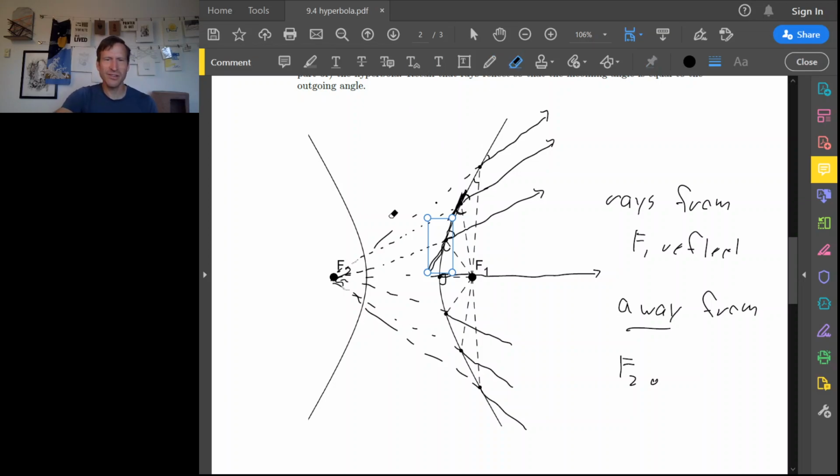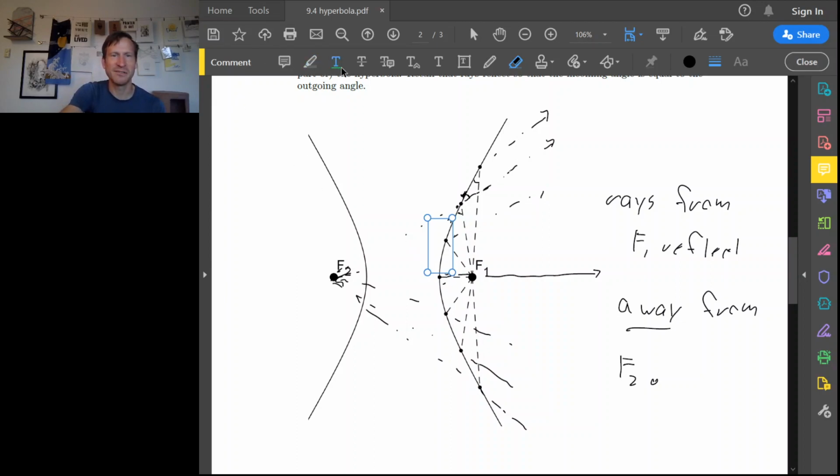Let's do this all over again, and see how much I can actually get erased. Let's do this all over again and reflect off of the left-hand part of the hyperbola. Okay, maybe that's good enough. So if we draw a ray coming from F1 and going to the left-hand part of the hyperbola, then angle in is the same as angle out.